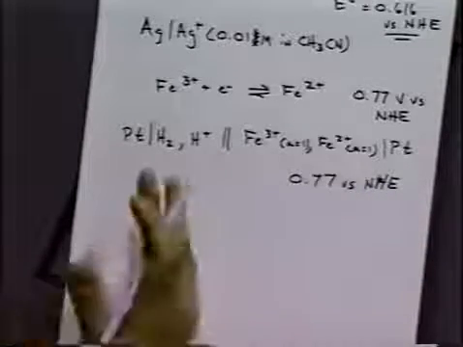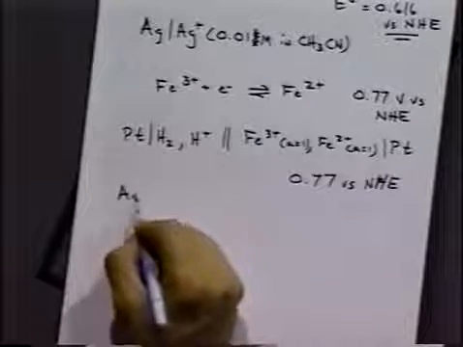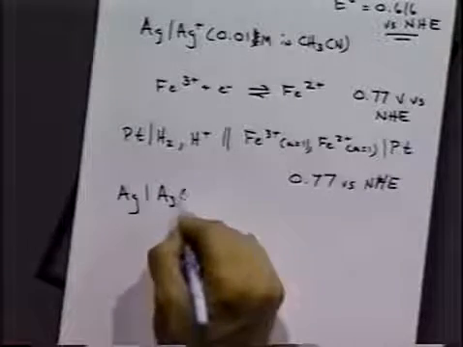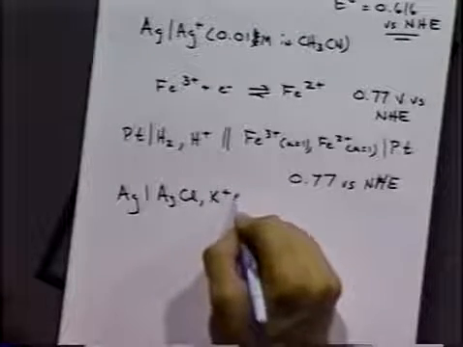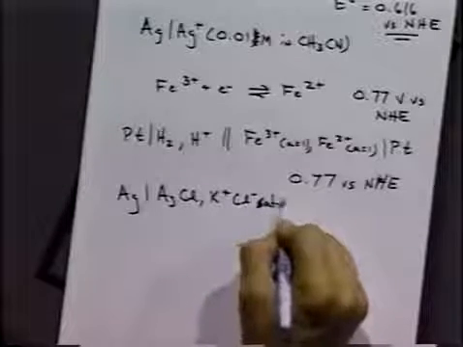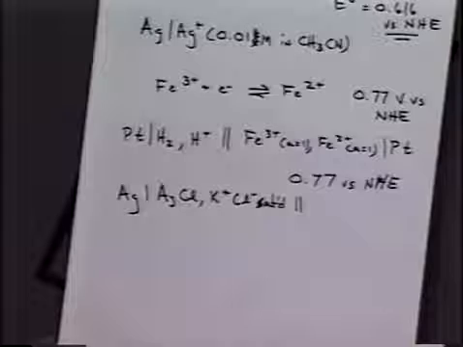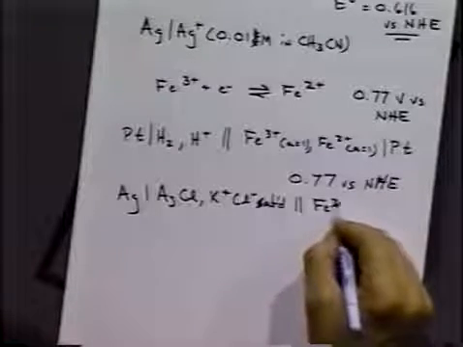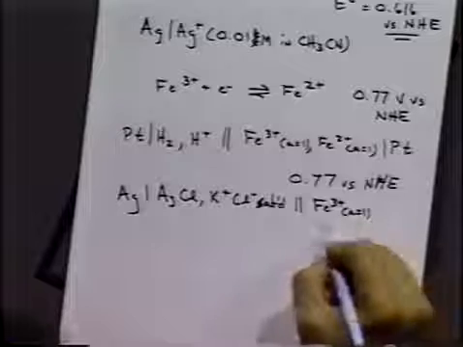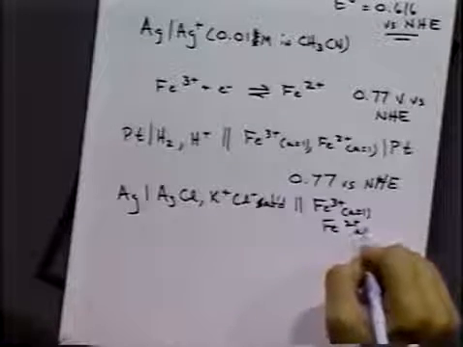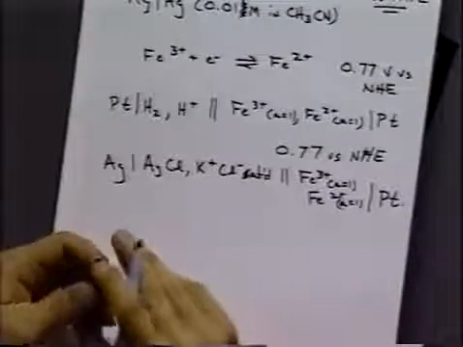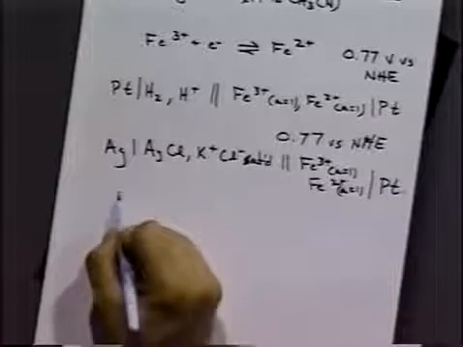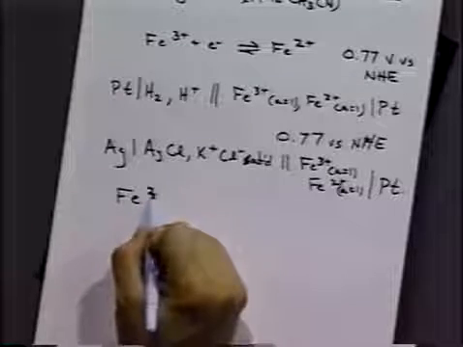Now, if we put in say a silver chloride electrode, how do we calculate that cell potential? The same way as we would calculate versus the NHE. Remember we would write those as always, and we can add them up.